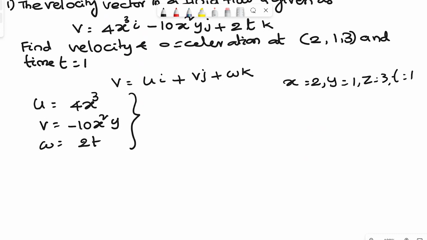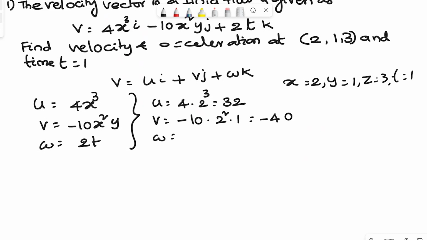Substituting it, u is equal to 4 into 2 cube, that is 4 into 8, which is 32 units. Then v is equal to minus 10 into 2 square into y is equal to 1, so 4 into 10, minus 40. Then w is equal to 2t, 2 into 1, 2.